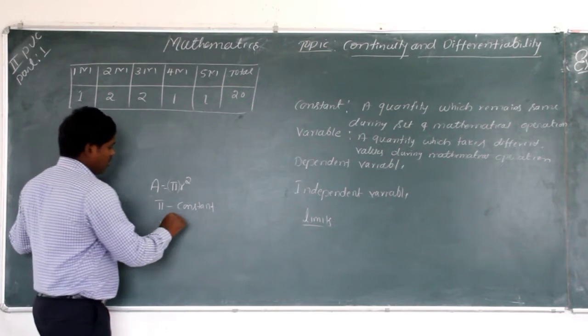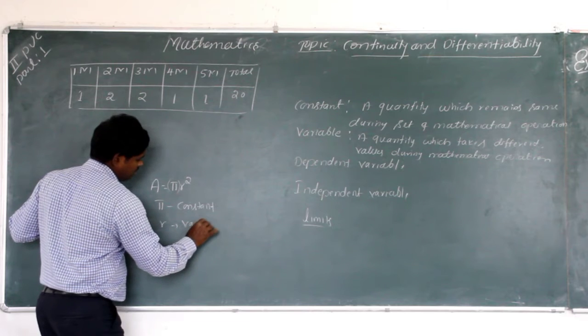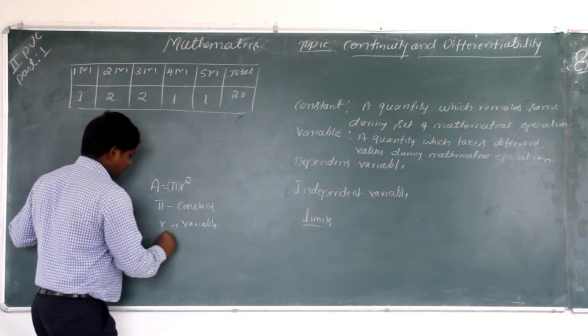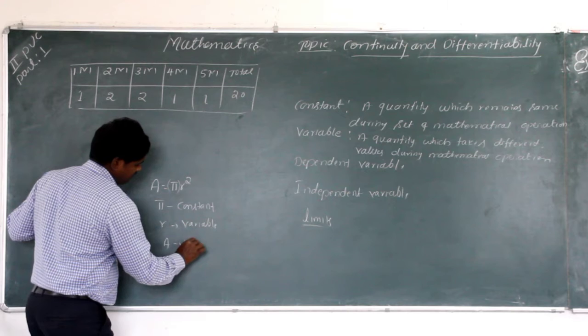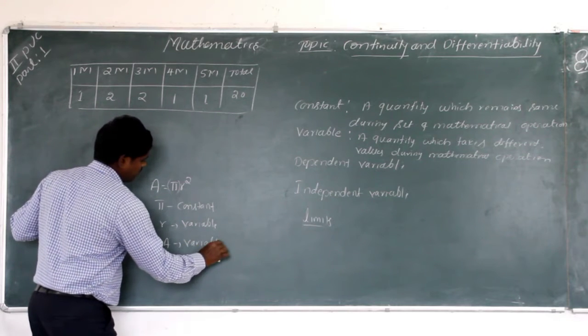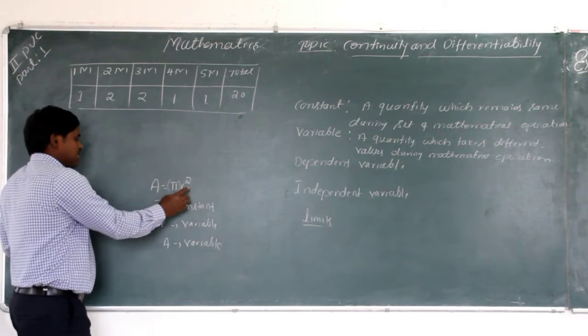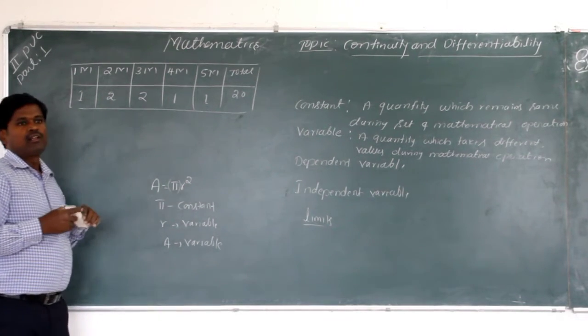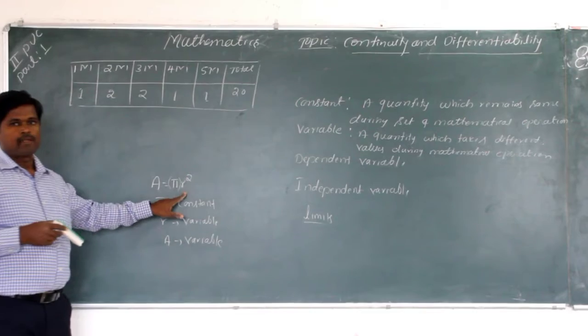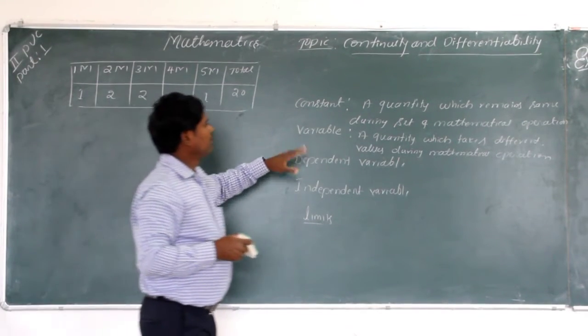Why? Because r takes different values during a set of mathematical operations. A is also a variable. So that is called a variable.